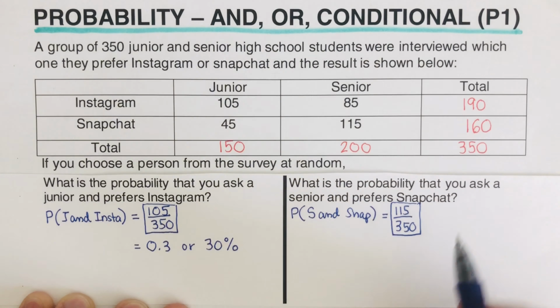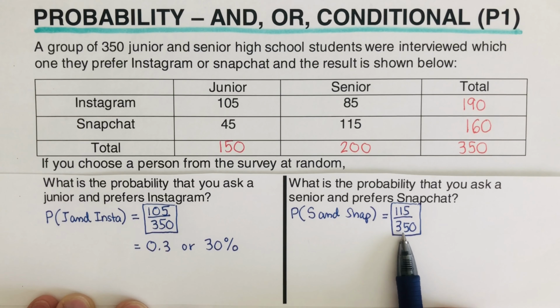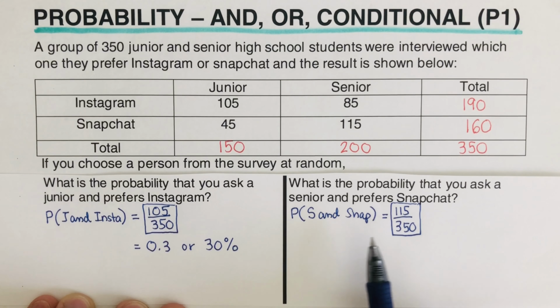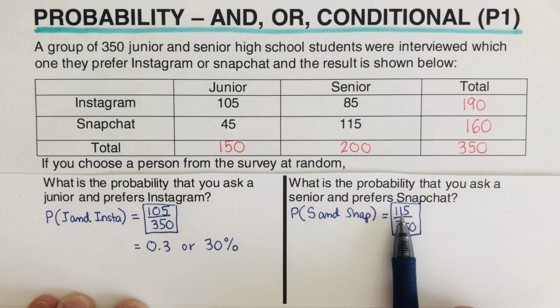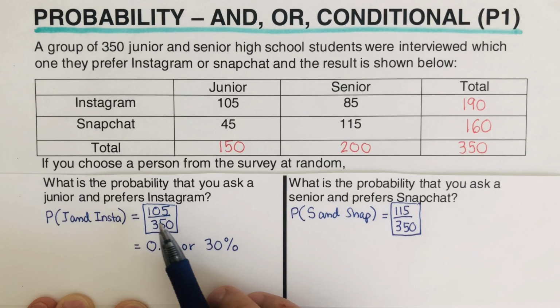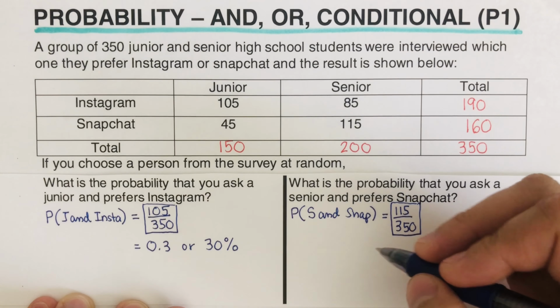And what does this number, by the way, mean? Because it's like a fraction, what does it mean? Of the 350 possible students that you can ask, 115 of them are seniors who prefer Snapchat. The same thing for this: 105 students out of 350 are juniors who prefer Instagram.